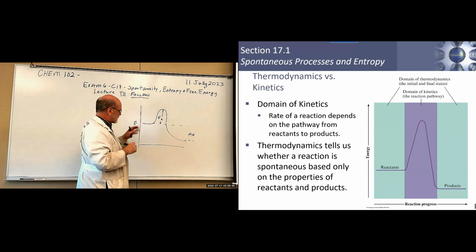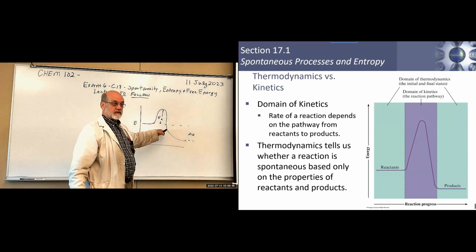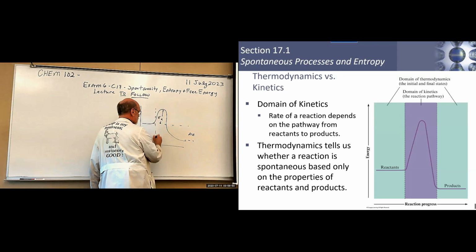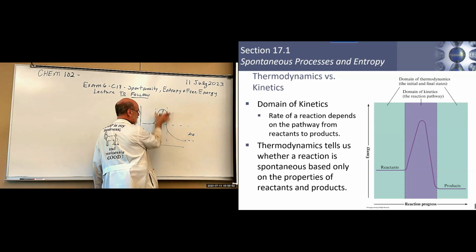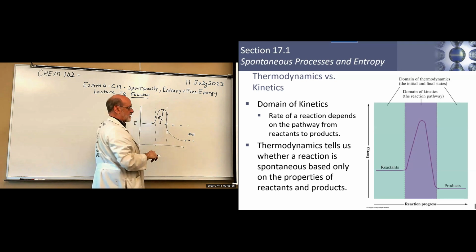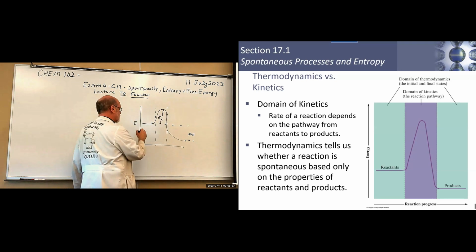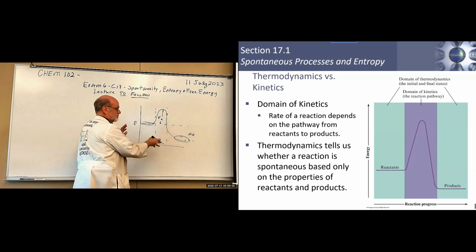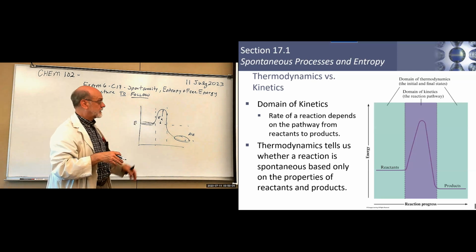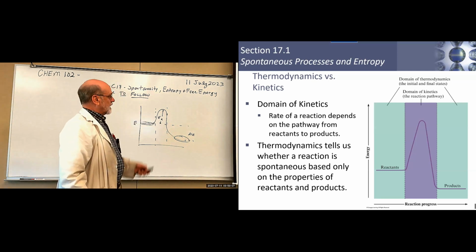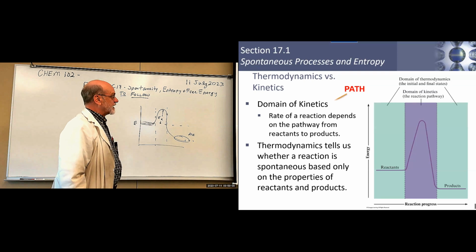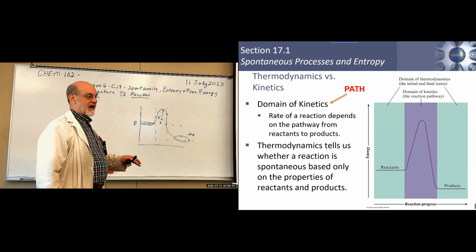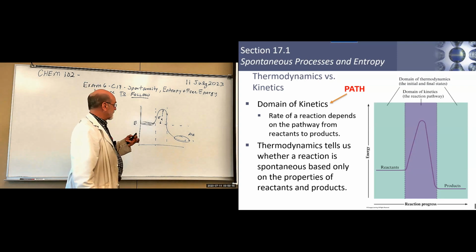Well, we spent time in one chapter with chemical kinetics, and the kinetics are considered this region in here. Thermodynamics considers only this part of the reaction and this part of the reaction, in the beginning and the end. The domain of kinetics is a region that we're concerned with the path. What path does the reaction take?